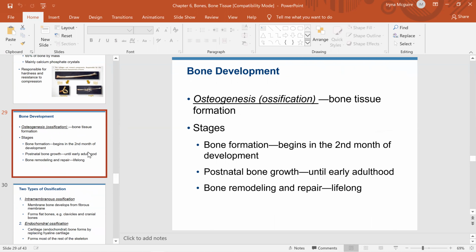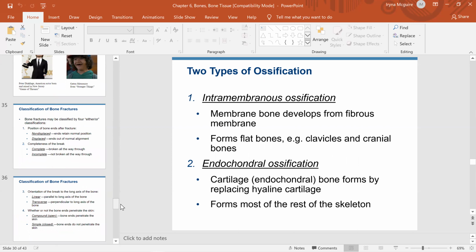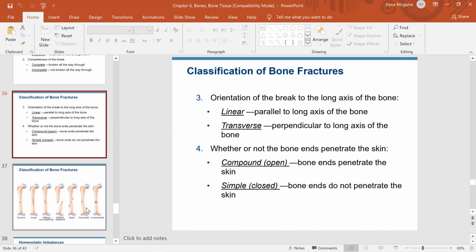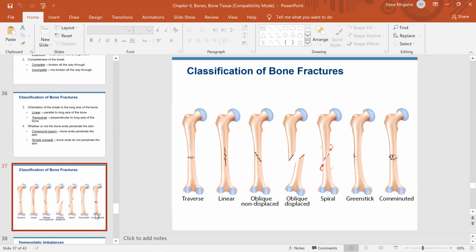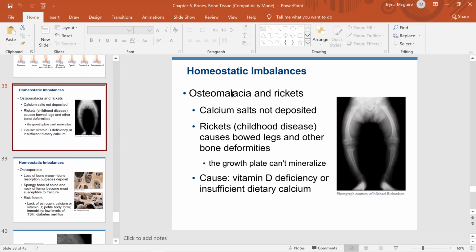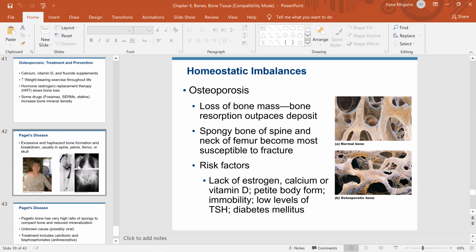We covered briefly bone development, which includes intramembranous and endochondral ossification. We talked about classification of bone fractures, right? So we're here. And we finished up with osteomalacia, rickets, osteoporosis, and Paget disease.